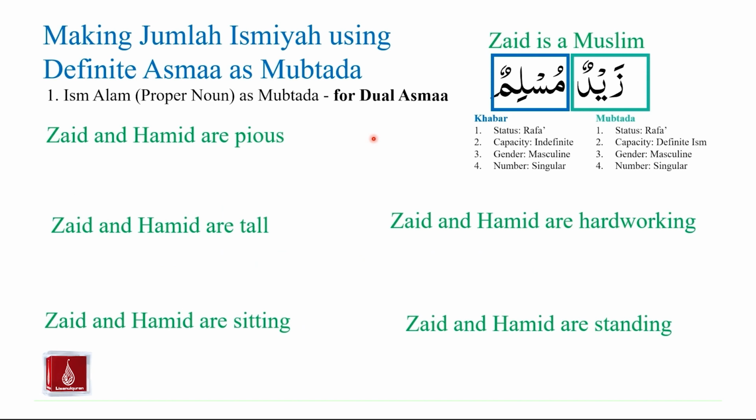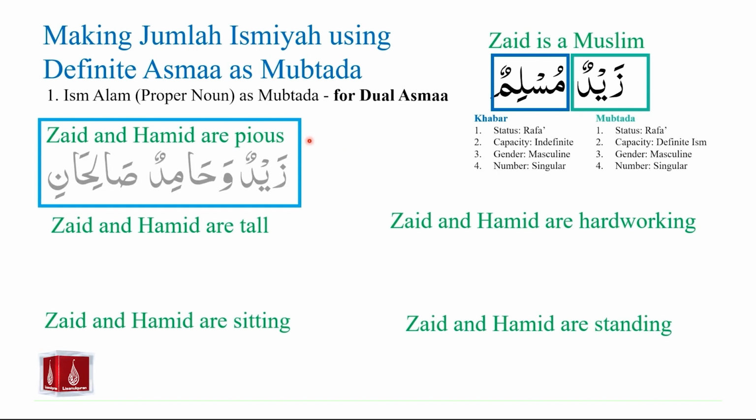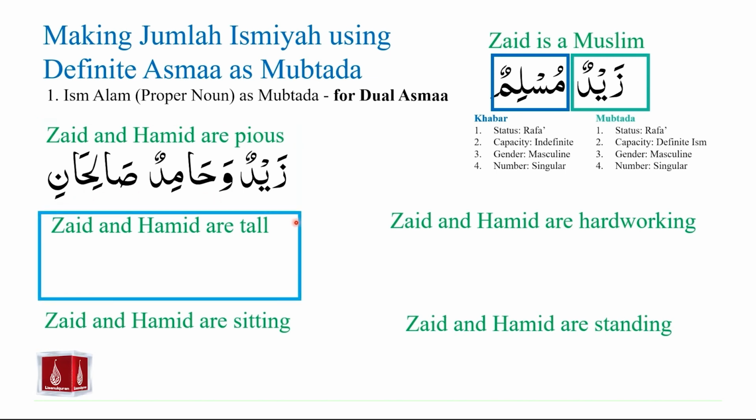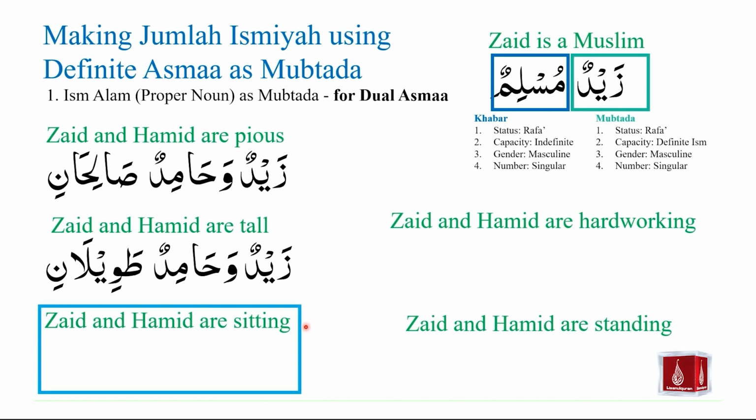Let us study some examples of dual asma as mubtada. Zaid and Hamid are pious. Zaidun wa Hamidun salihani. Please focus on the ending sound ani. Zaid and Hamid are tall. Zaidun wa Hamidun tawilani. Zaid and Hamid are sitting.